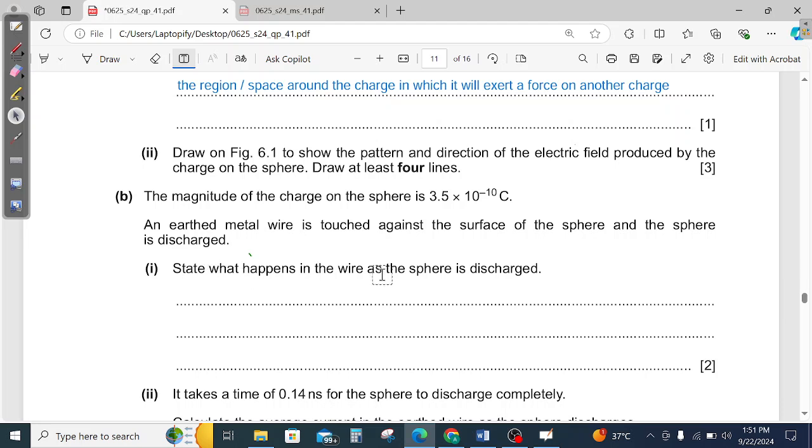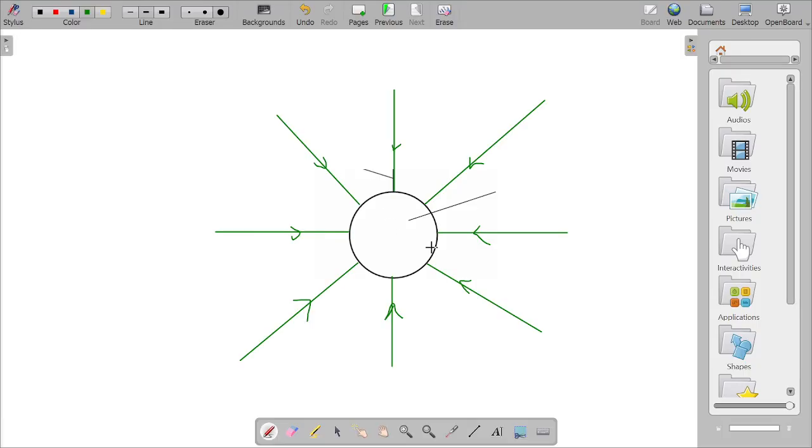What happens to the wire as the sphere is discharged? Suppose this negative charge is available on the surface of the sphere. When you attach an earth wire with the sphere, what happens?